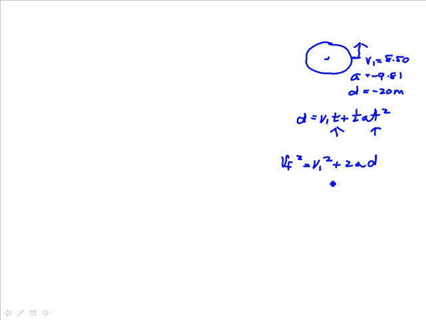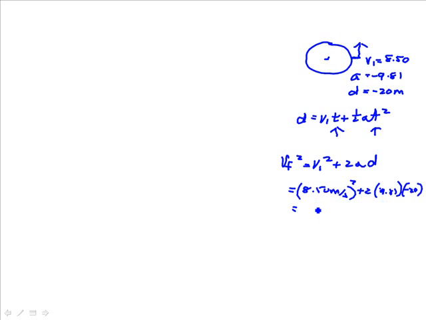We have all the information we need. The initial velocity is 8.50 meters per second squared, plus 2 times negative 9.81 times negative 20 meters.